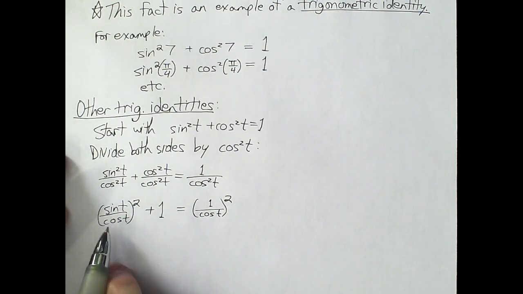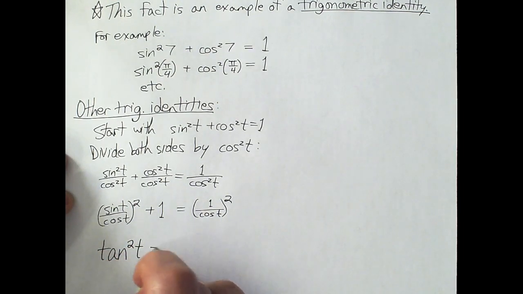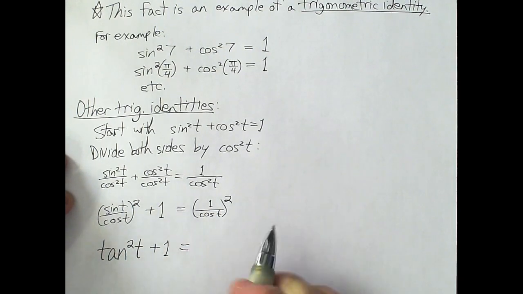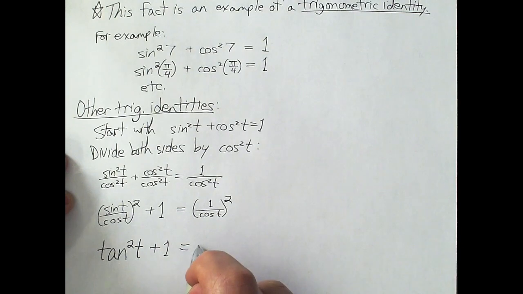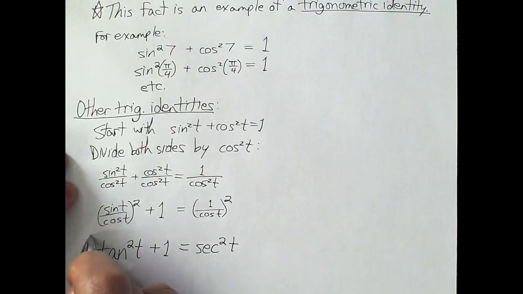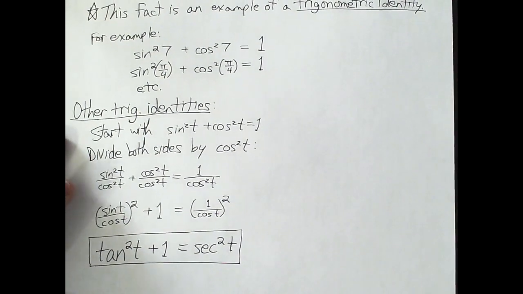But there's another nicer way to write this. Sine of t over cosine of t is also known as tangent. So this is saying tangent squared of t plus 1 equals 1 over cosine, which is better known as secant. So check this out. We got a new trig identity.